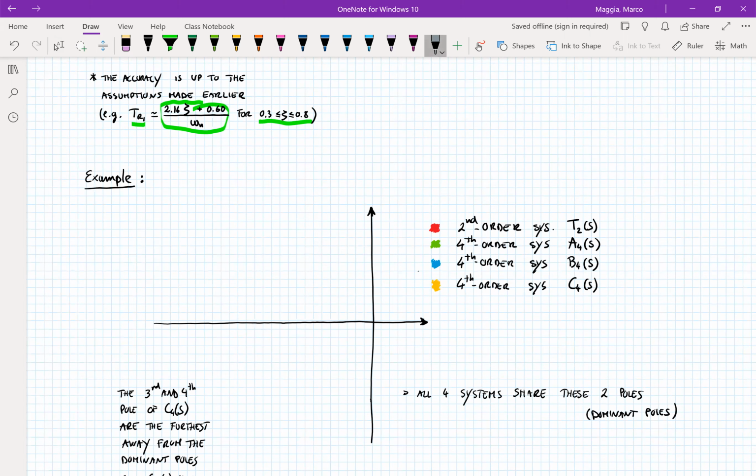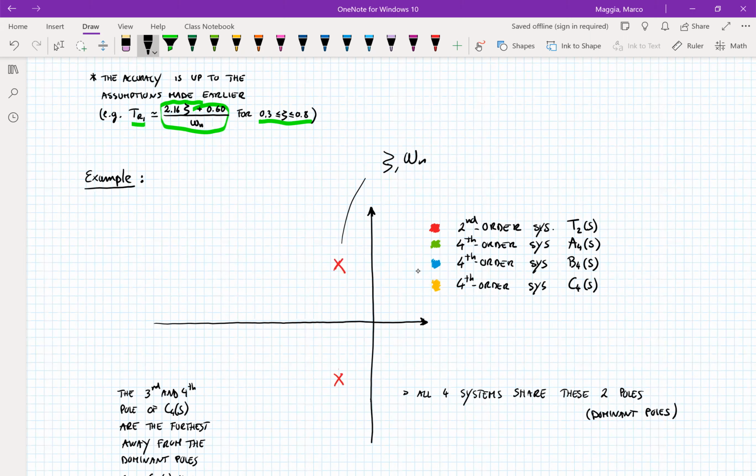So let's say that we have a second order system with poles that are located here. Okay, so if you have these 2 poles, second order system, you find the damping ratio, the natural frequency, and you can calculate the performance indices that will describe accurately the response to a step input.